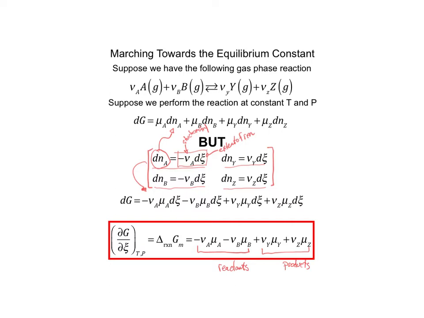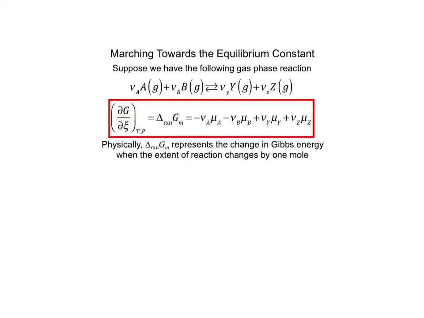I know this is written in a little bit of a funny notation, but it really is the chemical potential of products minus reactants. So really, physically, this delta G of reaction represents the change in the Gibbs energy when the extent of the reaction changes by 1 mole.